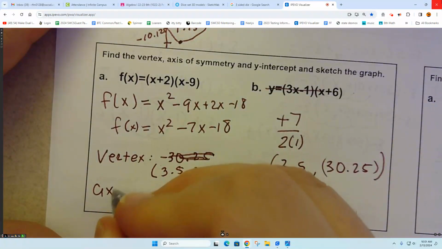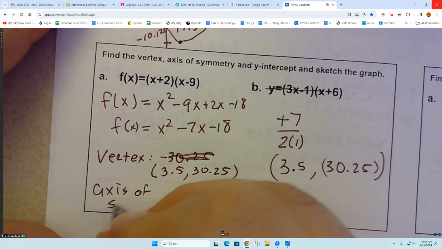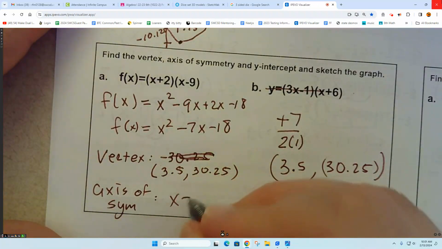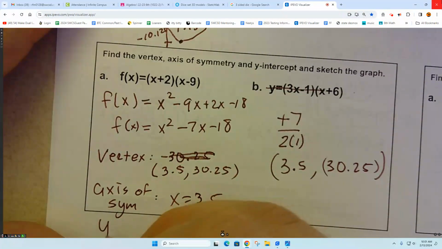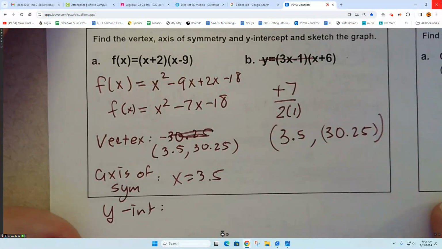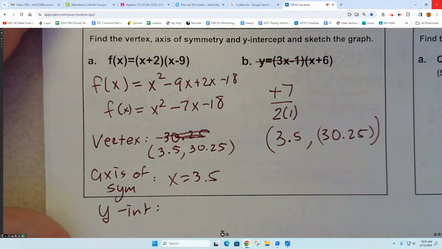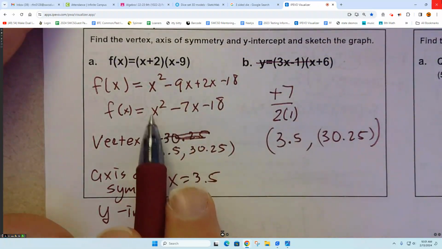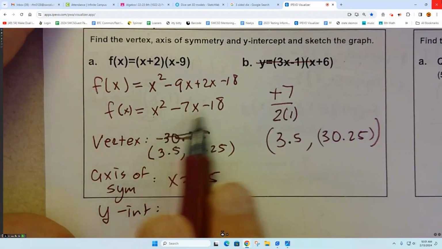Axis of symmetry: x equals 3.5. Y-intercept. What is the y-intercept? It's minus 18. If I plug in 0 here, 0, 0, negative 18.